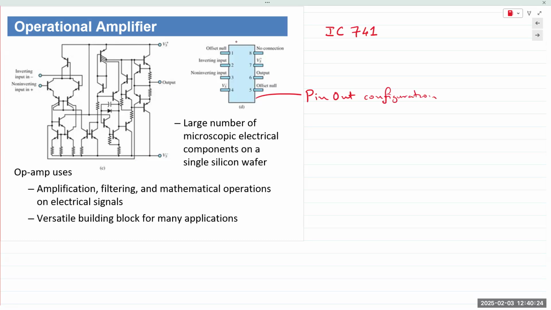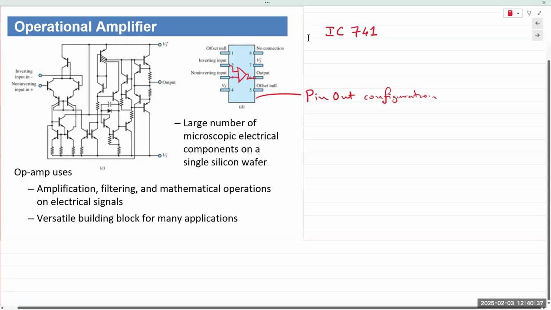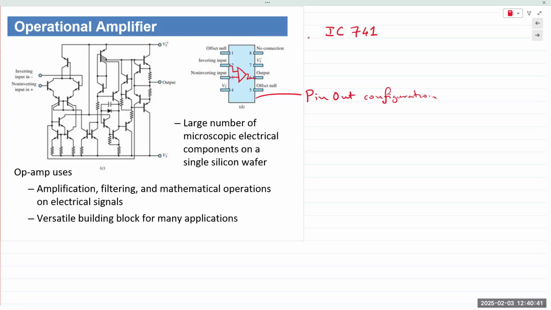It's more like output, input, input. I'll explain more on the next slide. You basically have a single piece of semiconductor, and you construct all of these transistors and devices on the circuit.